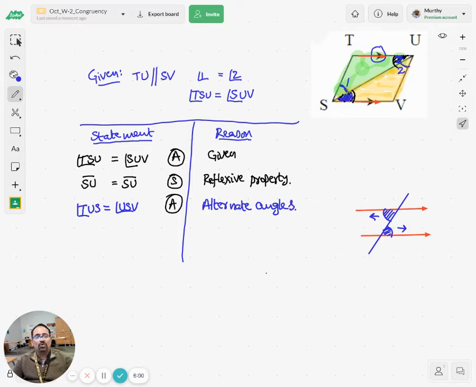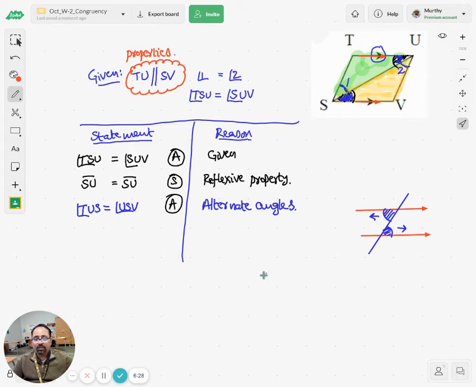So don't expect every bit of information to be given in the question. Sometimes some information may be missing, then you have to think like in the given question, TU is given as parallel to SV, so you have to think of the properties of parallel lines to get the idea.